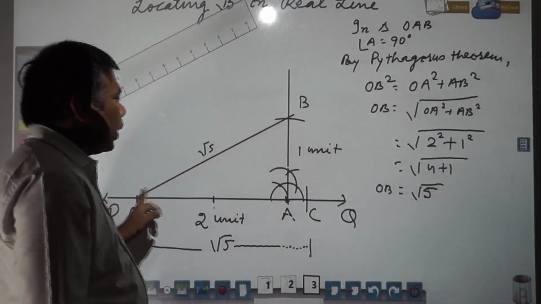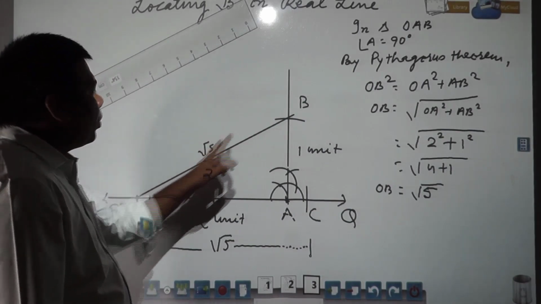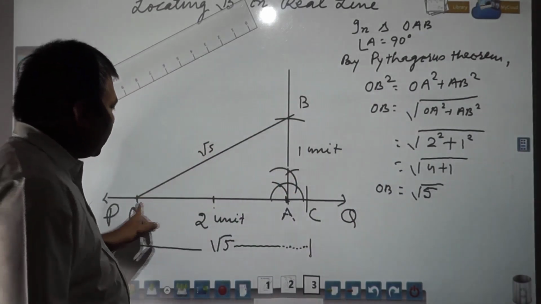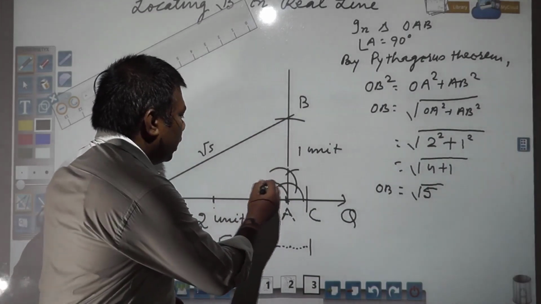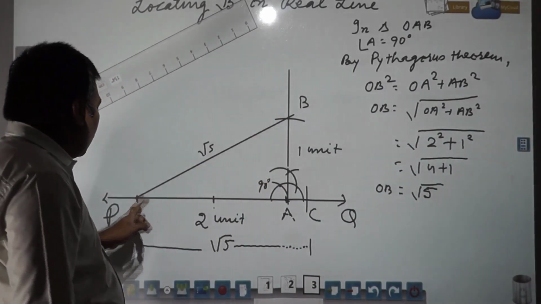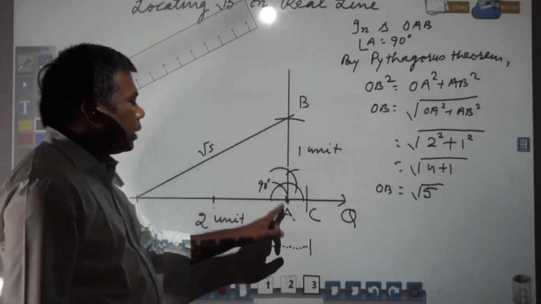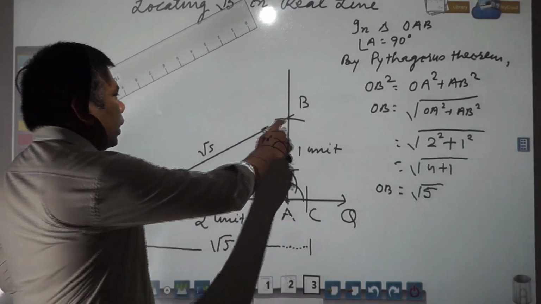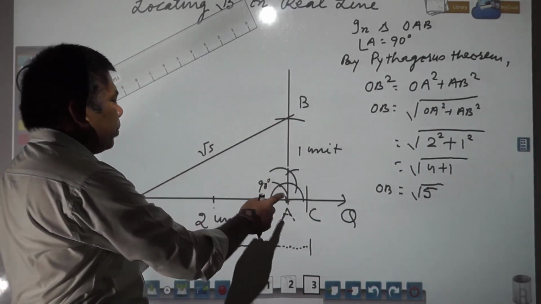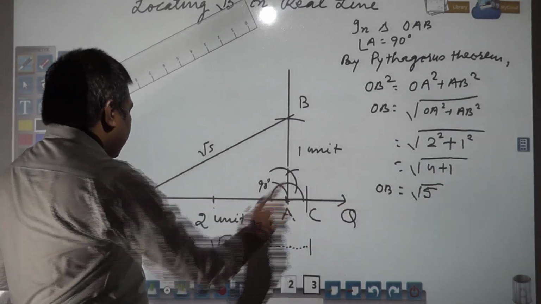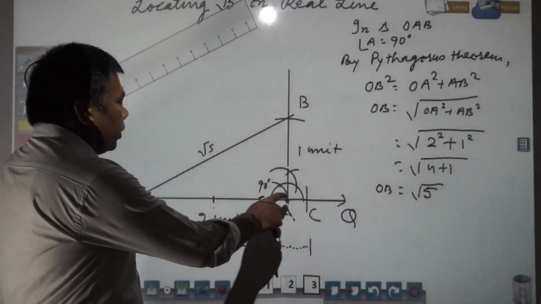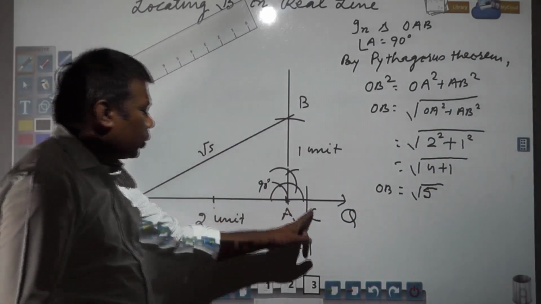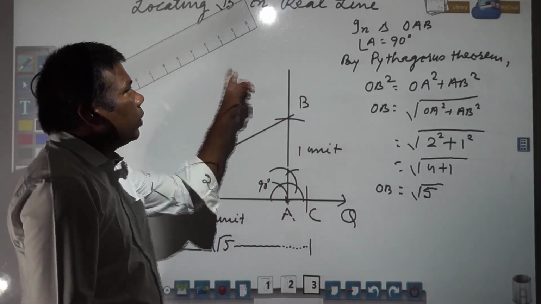Now OB has been joined, and the length of OB you found with the help of Pythagoras theorem, because this is the hypotenuse in triangle OAB, because this is 90 degree and this triangle is a right angle triangle. So OB square is equal to OA square plus AB square, and finally OB you got root 5. The length of OB has been taken with the help of the compass, and on your number line PQ from O you have taken an arc of length root 5 on your number line, OC. So finally OC, what you got, is your root 5, and that's what you needed to do.